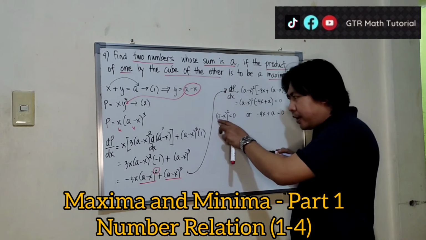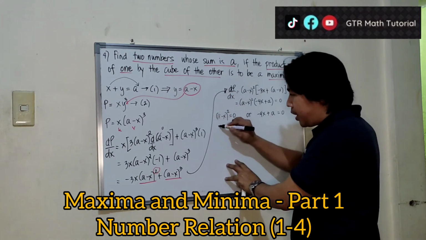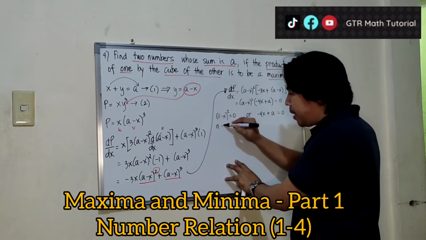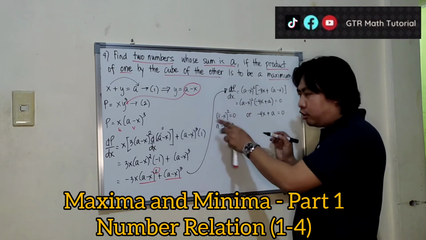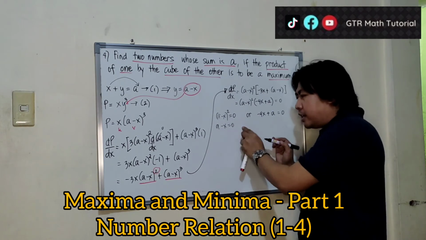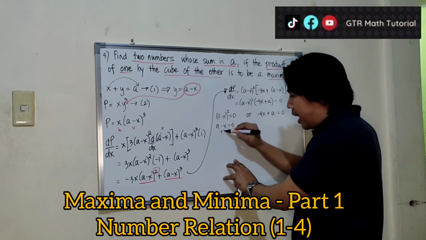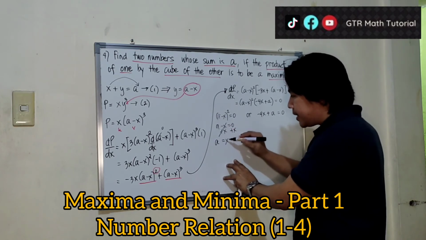If a minus x squared equals 0, extract the square root of both sides. So we have a minus x equals 0, since the square root of 0 is still 0. Then solve for x, so put x to the other side of the equation. Add x to both sides. Therefore, a equals x.